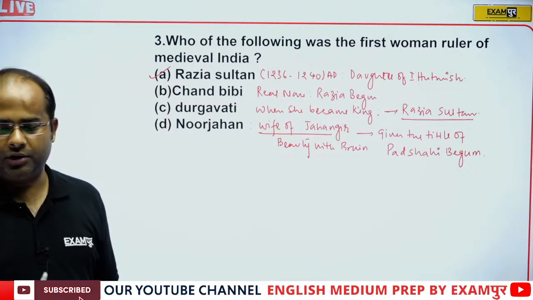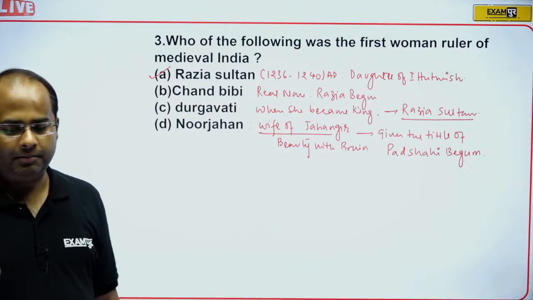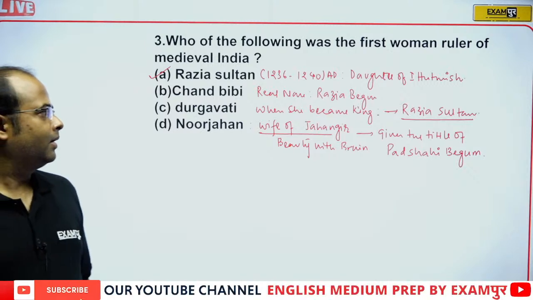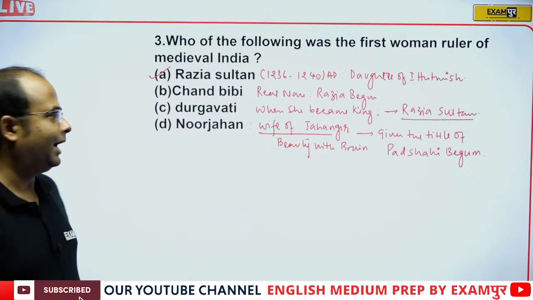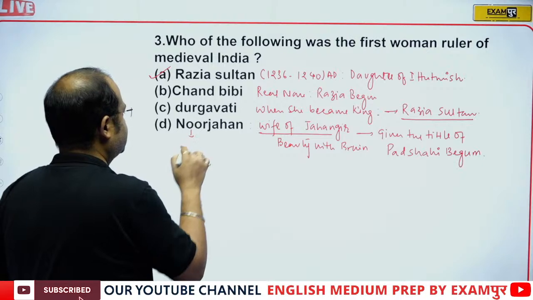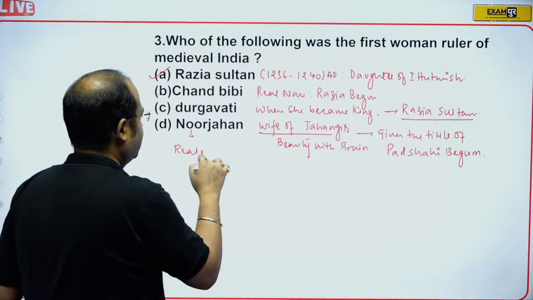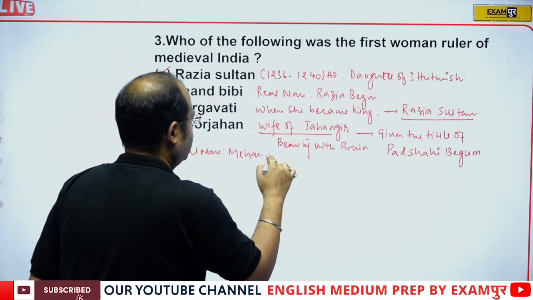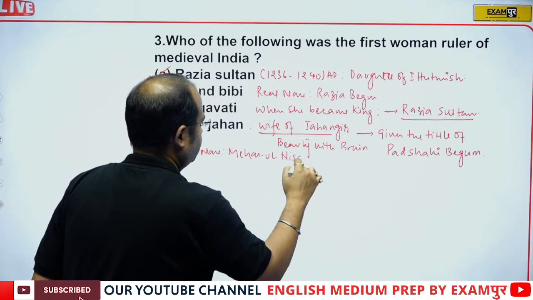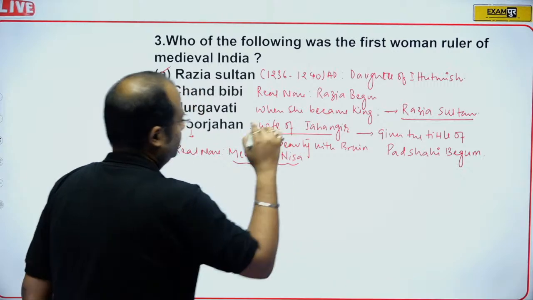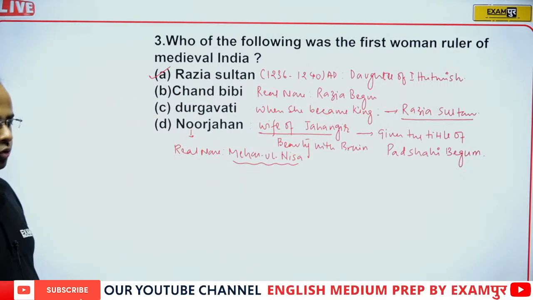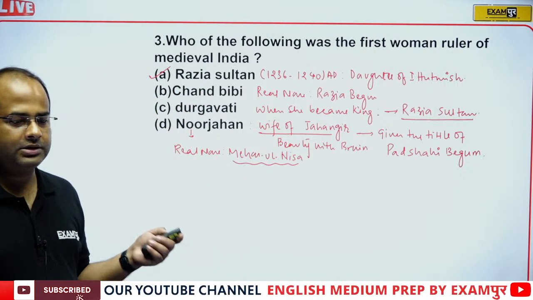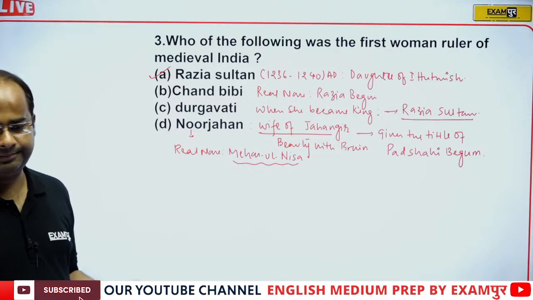She was a beauty with brain, and her real name was Meher ul Nisa. Therefore, the correct answer will be option A.